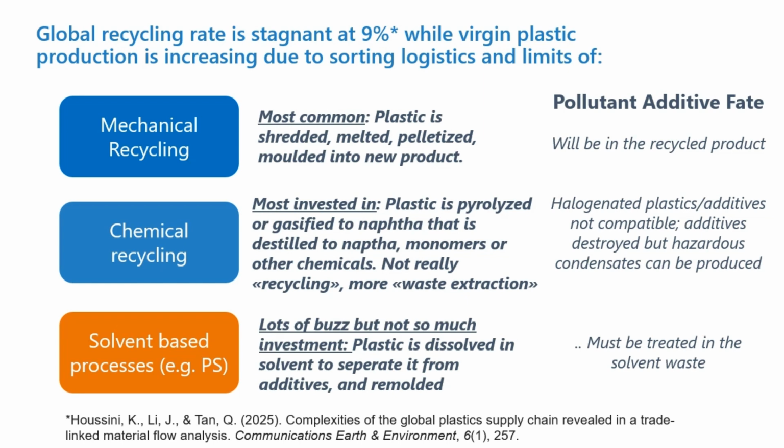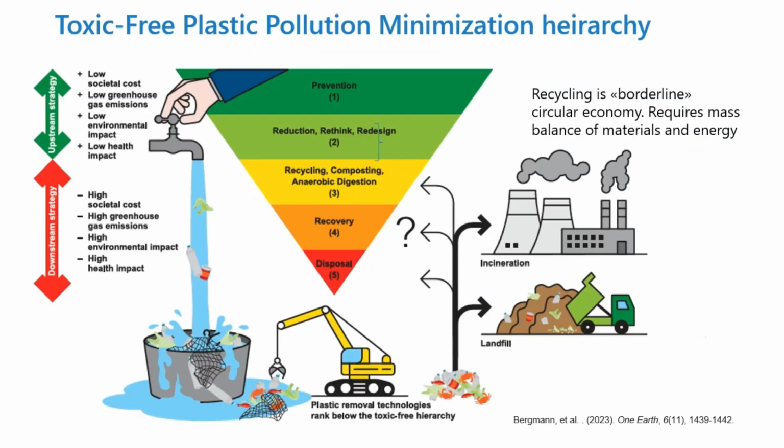You need extreme sorting. And what people don't talk enough about, I think, are the residues and condensates that are pretty much hazardous waste. In the solvent waste streams, you do have to treat the solvents and the waste streams. So one approach we try is to integrate the toxic-free hierarchy for chemicals with the traditional waste hierarchies into this toxic-free pollution minimization hierarchy, which, of course, as Romain said, prioritizes prevention at first, but then you can also introduce things like reduction, rethink, redesign, and this is where things like the Bauhaus principle can come up.